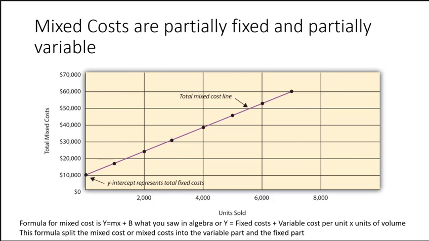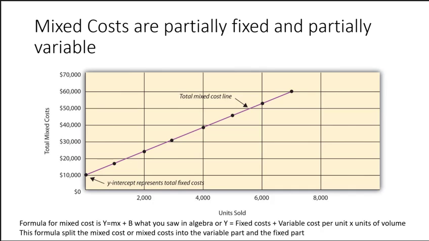Okay? Now, as we combine these two ideas, there are some costs that are mixed, meaning they're partially fixed and partially variable. Meaning they have a cost that you're going to have to pay each month or year or whatever time period, regardless of what your volume is. And then on top of that monthly cost, you're going to pay more based on your volume.